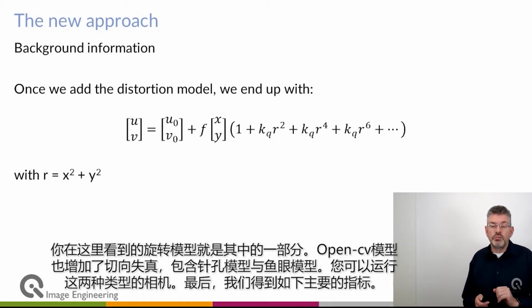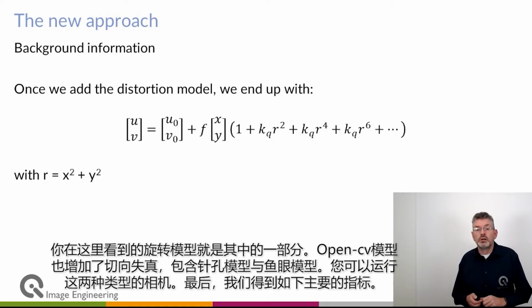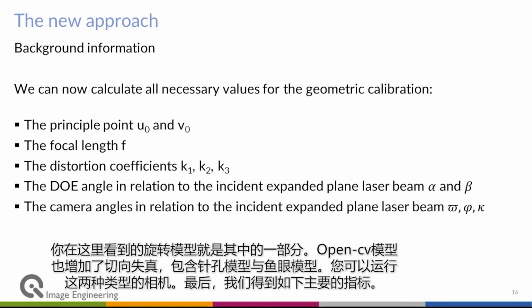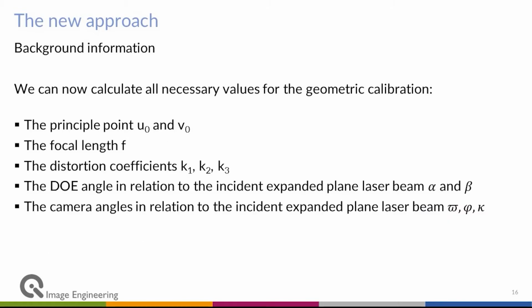The OpenCV model also adds the tangential distortion to it. And that's the pinhole model, and there's also a fisheye model that we will also support so that you can run both types of cameras. So in the end, what we're getting out of this is the principal point.